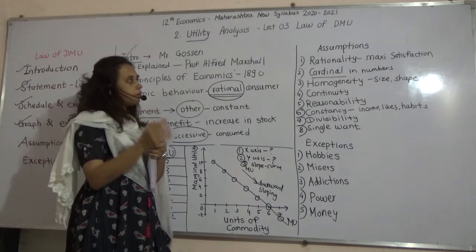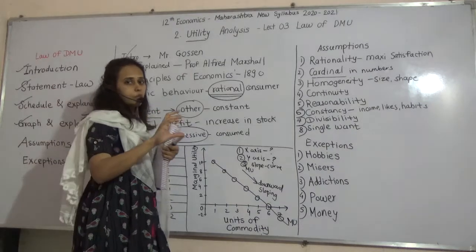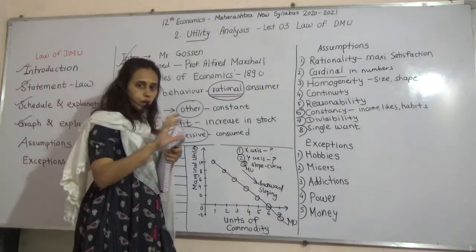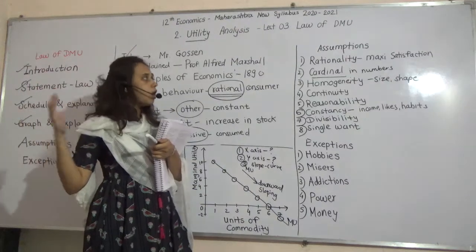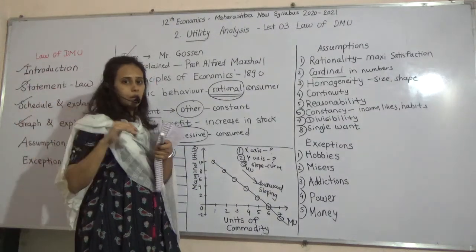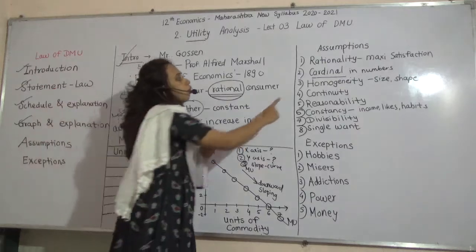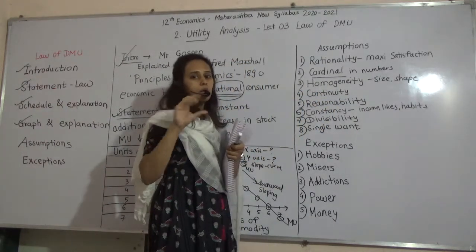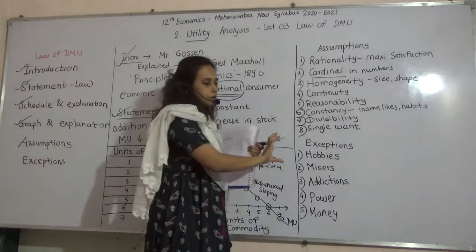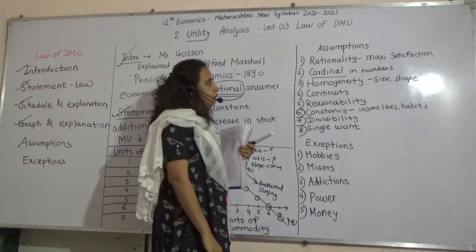Next is homogeneity. Homogeneity means what? Now I told you we are going to prove the law with ice cream. Suppose the person wants to eat ice cream, he is very tired, he came from outside, it's very sunny, it's very hot outside, and he came home and wants to eat ice cream. Homogeneity means size, shape, color should be the same. For example, 10 cups of ice cream are there.